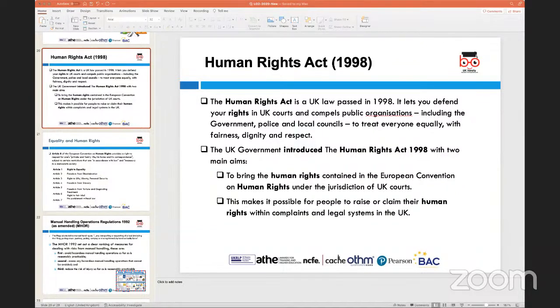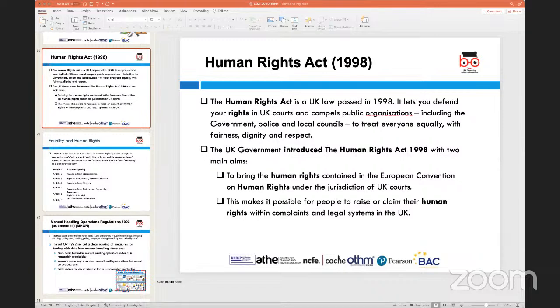And when we talk about this particular act, what are its main points? The main point is that this is a law passed by the UK Parliament, and it gives legal protection to your human rights. That means you have a right to a fair trial.